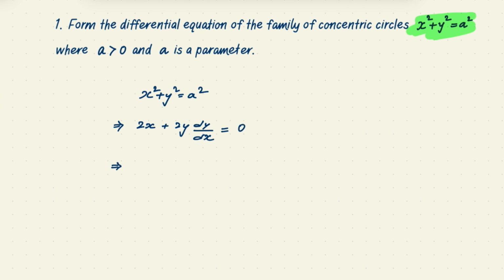Taking out 2 common, we will have x plus y dy over dx equals 0. Dividing both sides by 2, x plus y dy over dx equals 0. And this equation is the required differential equation.